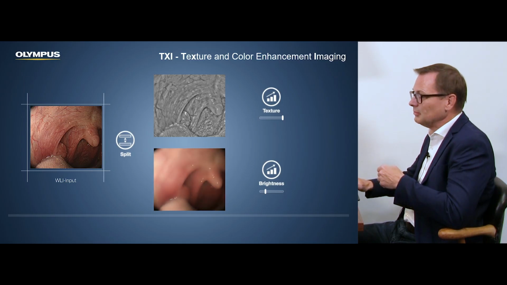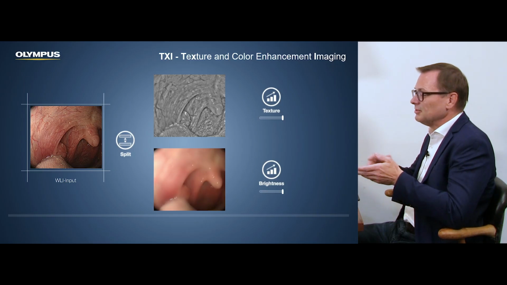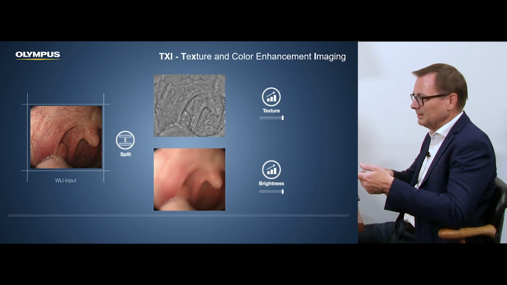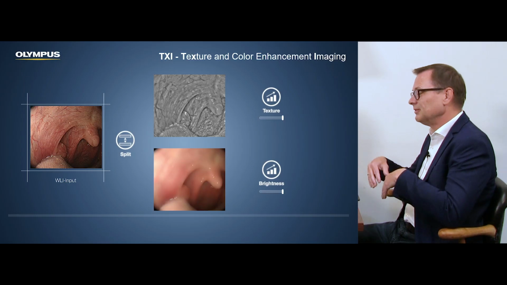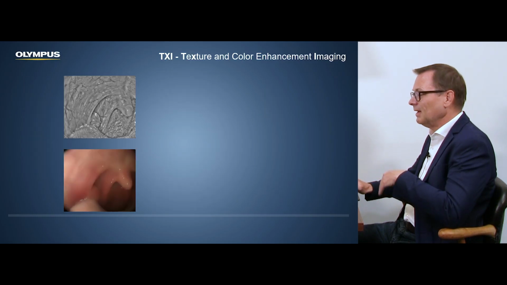The same you can do with the brightness. The need for this is technological: if you change the texture on the full white light image, you would also have an influence on the brightness and vice versa. By this technical trick, you can actually optimize both without an influence.